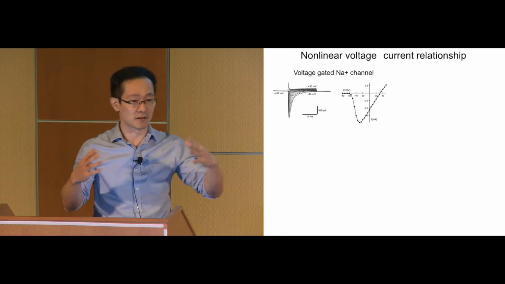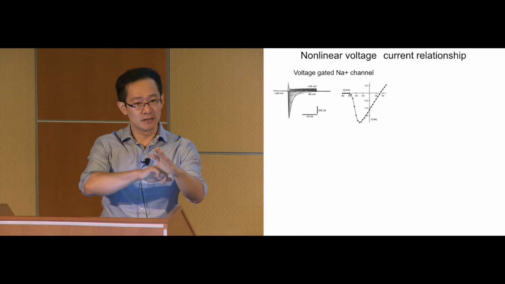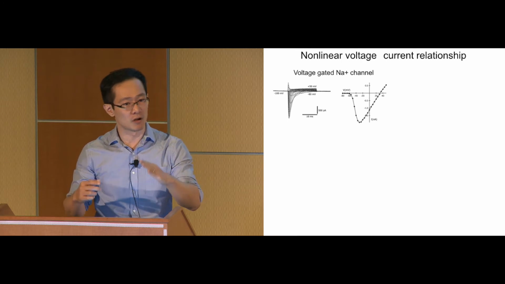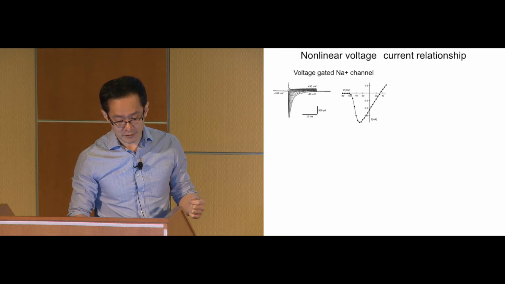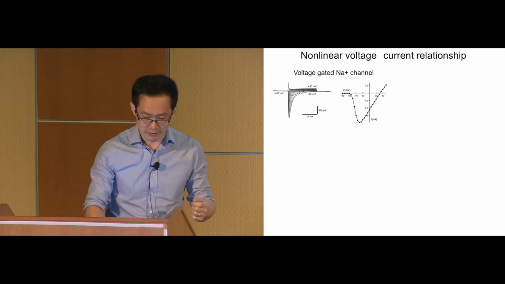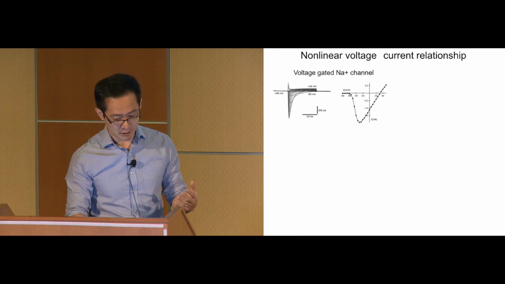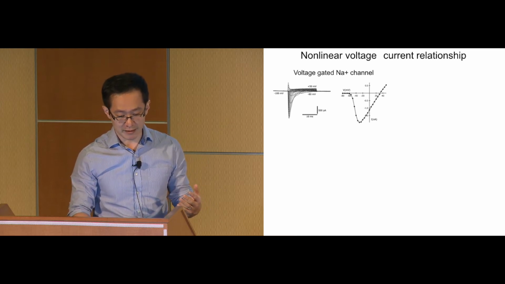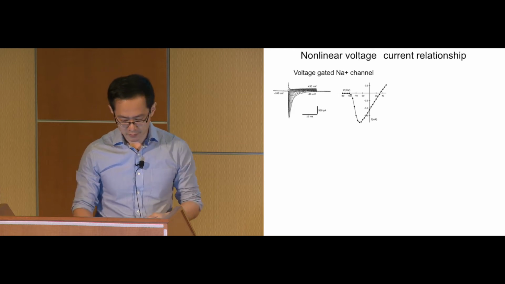You can see that at relatively higher voltages, the current-voltage relationship is around linear. That's because the channels are open all the time at positive voltages, and the linear relationship is a reflection of Ohm's law. However, once the voltage starts to decrease to negative voltages, where the cell is resting, the current starts to shut off. And at really hyperpolarized voltages, there's no current.